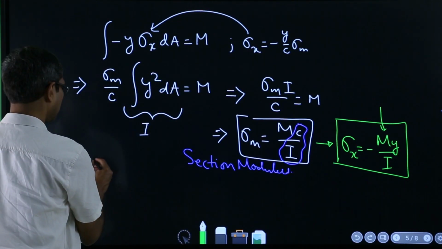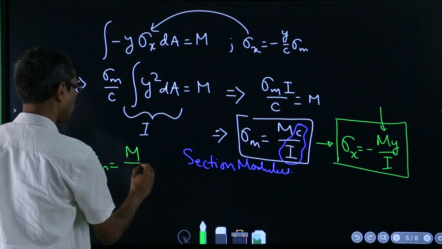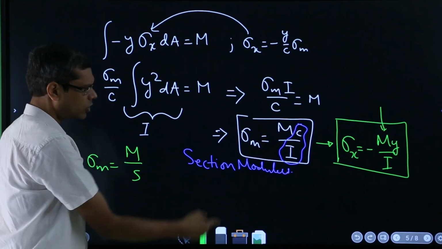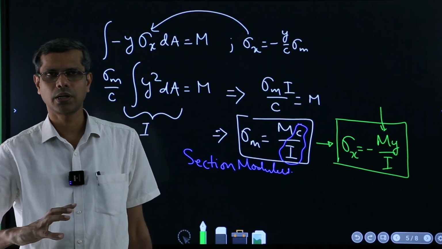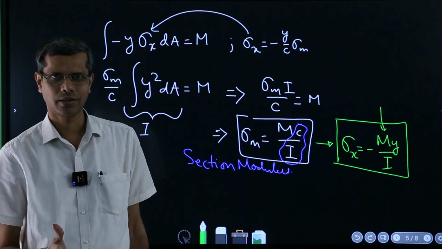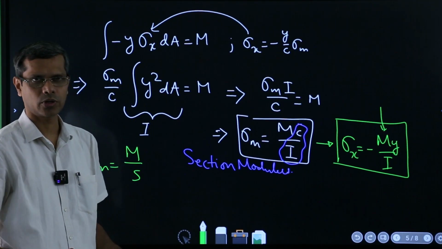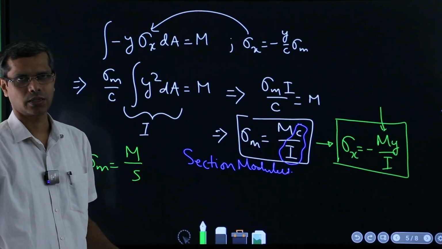So what is that? It's like this. Sigma m you can write as M over S, the section modulus. Any modulus for that matter is like effort per effect. For example, stiffness is a modulus of a spring, force per unit extension.